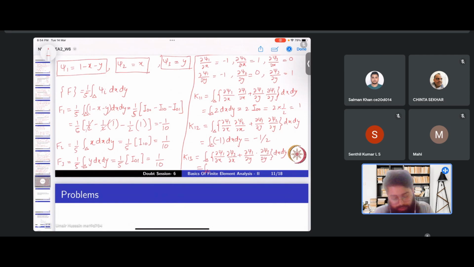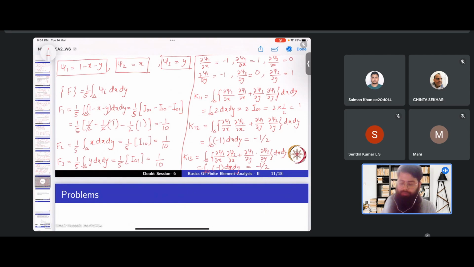Dou psi 1 by dou x is minus 1, dou psi 3 by dou x is 0, so the first term is 0. Then dou psi 1 by dou y is minus 1 and dou psi 3 by dou y is 1, so we get again minus 1 here. The integral of dx dy is the same as the previous term, so we get minus half.